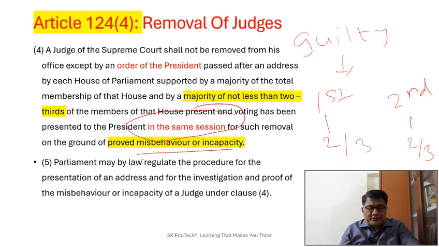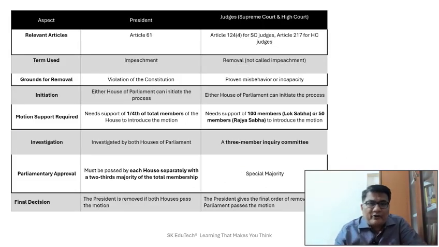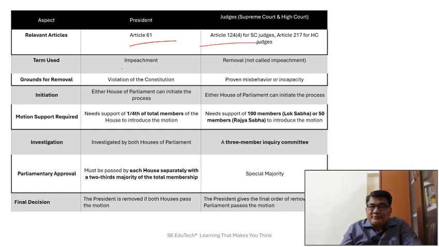So do you think both the processes are the same? Let us do the comparison in table form. Here in this table it will be quite clear. Regarding the President, the article is 61. For judges, it is Article 124, Clause 4. Regarding the President, the word impeachment is clearly specified in the Constitution, whereas for High Court and Supreme Court judges, the word used is removal.